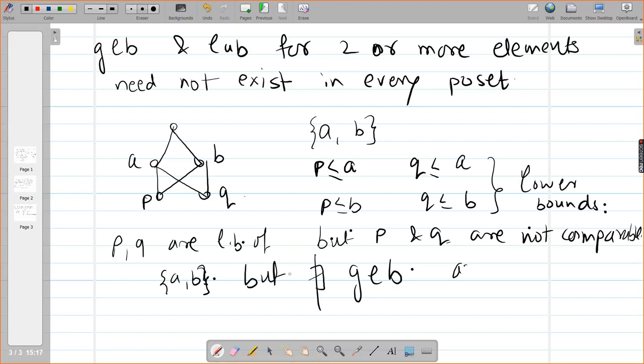But there does not exist GLB, greatest lower bound of A and B. Okay? Are you getting it? Girls, are you getting it?